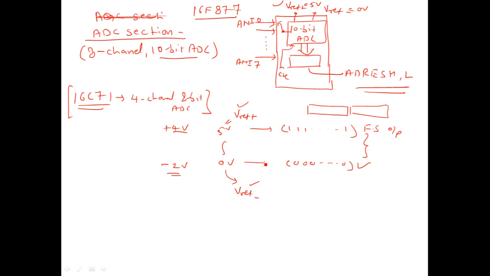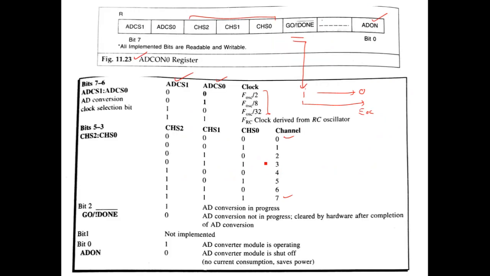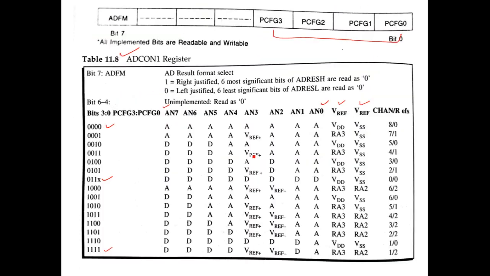So what you see here is that there are different options available for V reference plus and V reference minus. This is V reference plus and this is V reference minus.